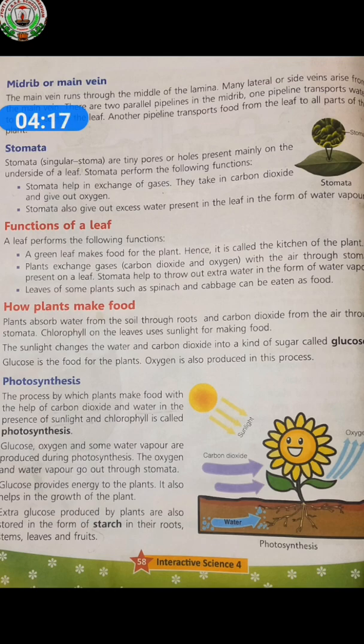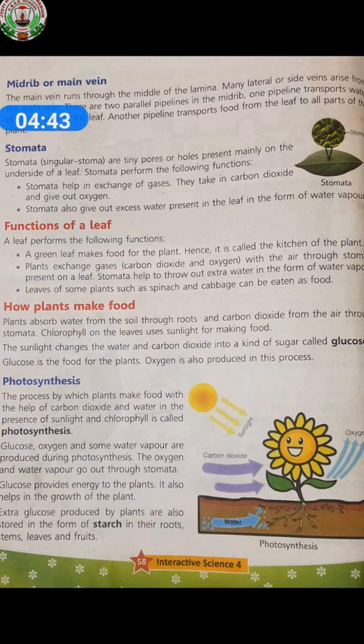How plants make food. Plants absorb water from the soil through roots and carbon dioxide from the air through the stomata. Chlorophyll in the leaves uses sunlight for making food. The sunlight changes the water and carbon dioxide into a kind of sugar called glucose.